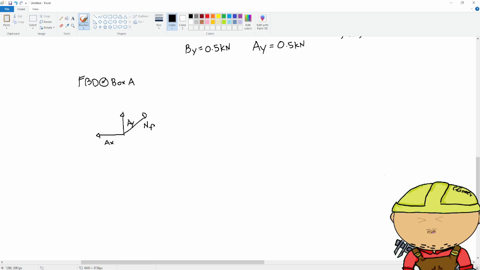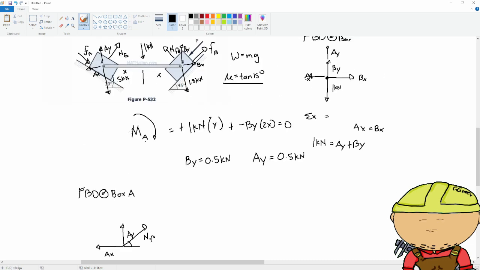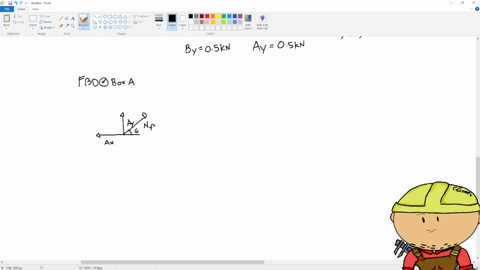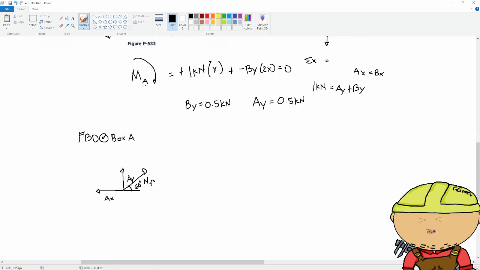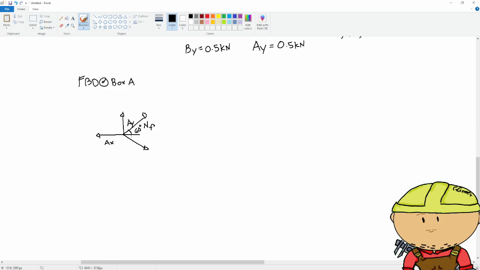If this is 30 degrees, this should be 60 degrees. Friction was 30 degrees. The 1.5 kilonewton weight. And I think AY should be downward.